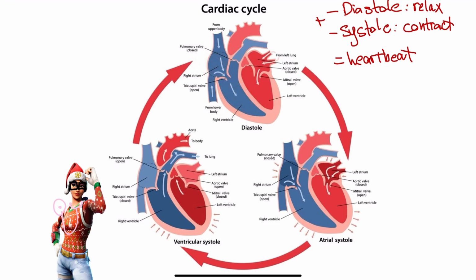What's happening here is the blood is filling into the atrium and into the ventricle, which means that in this first stage, the AV valves are open, and the semilunar valves, are they open or closed? They are closed, because otherwise it's going to go up through here. We don't want it to go up through here. So these semilunar valves are closed.